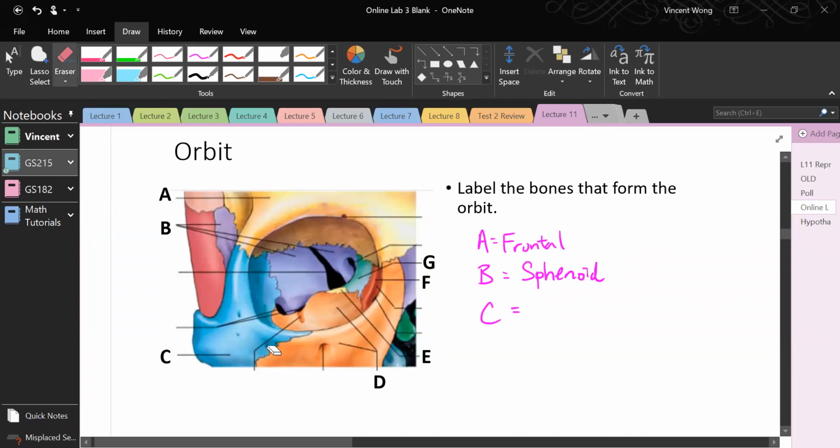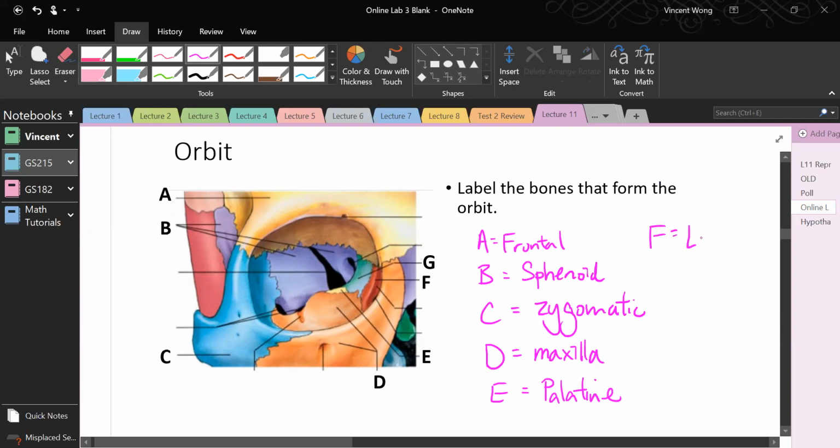C, we have the prominence of the cheek here. That's the zygomatic. D is the maxilla again. E is just this little bit here. It's actually a really big bone that has a U shape and goes down all the way to your hard palate, your mouth. But that little bit is the palatine bone.